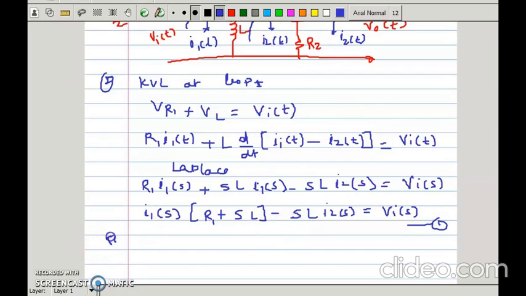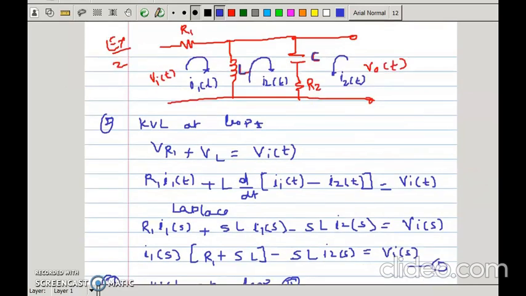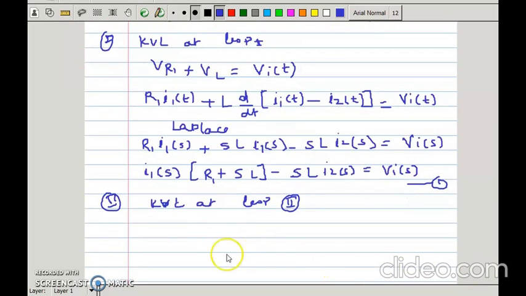Let's apply KVL at loop 2. When we apply KVL at loop 2, how many components are there? In loop 2, three components are there: inductor L, capacitor C, and R2. The voltage across inductor L plus the voltage across the capacitor plus the voltage across resistance R2 equals 0.